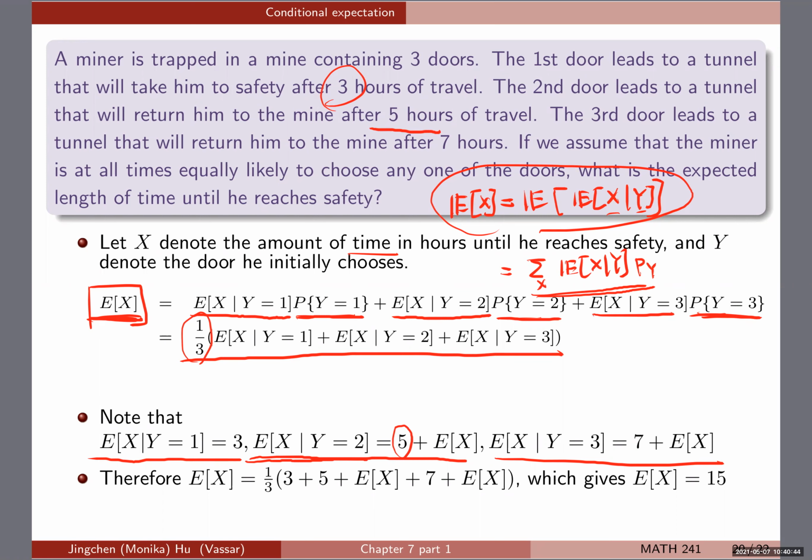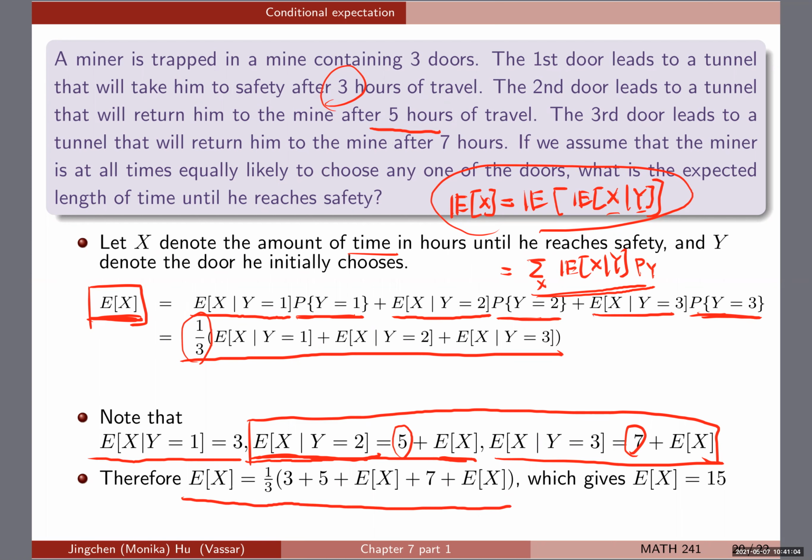So for the second, the conditional expectation of X given Y equals 2 is 5 plus the expectation of X, the marginal. Similarly for the third, it's 7 plus the expectation of X. Because of that, we have one equation with one unknown expectation to solve. So the expectation of X becomes 15.